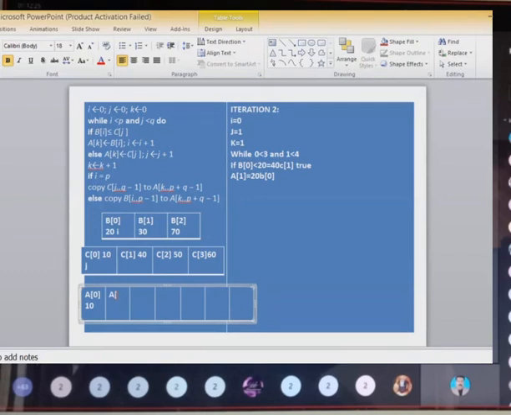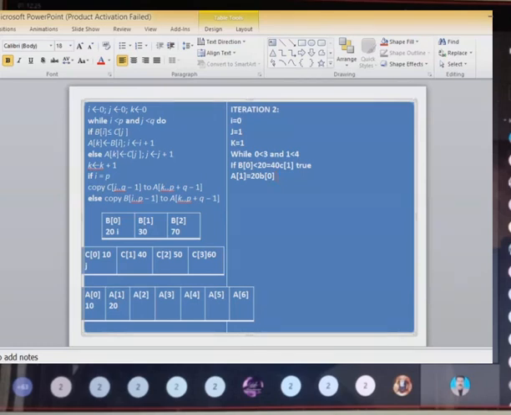Next is A of 1, A of 2, A of 3, A of 4, A of 5, next A of 6. Now we are going to assign 20 in A of 1. Okay? So what is the next step?